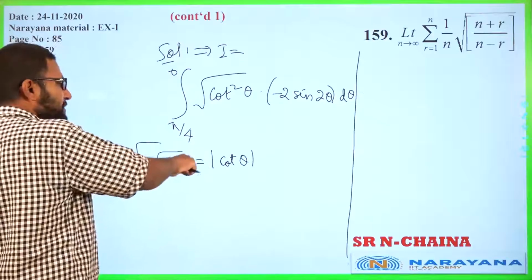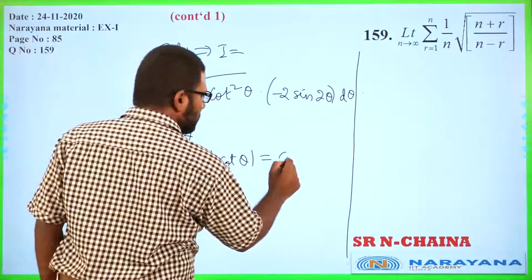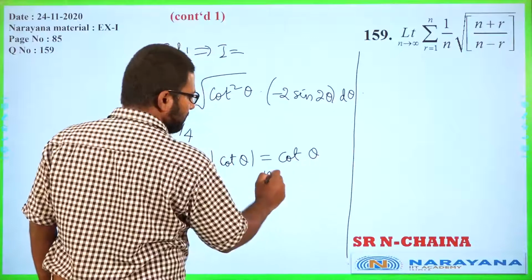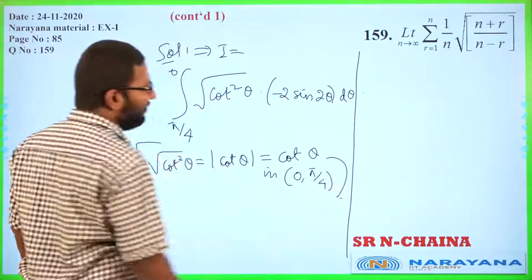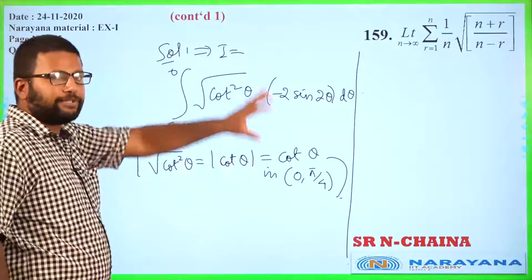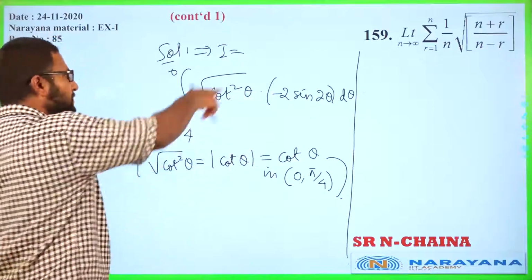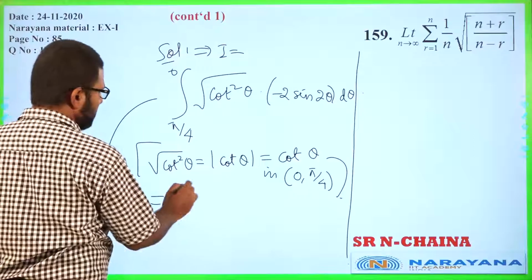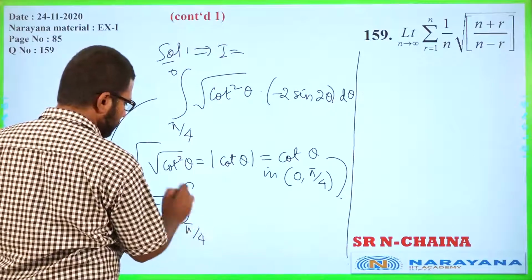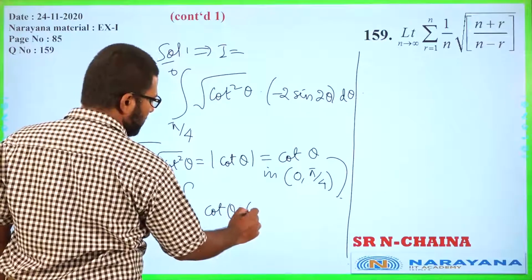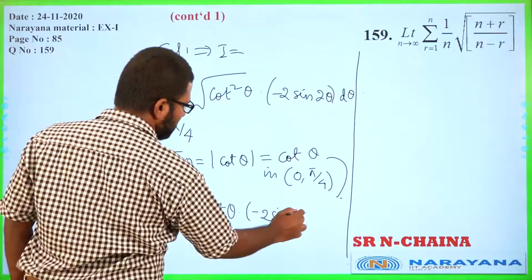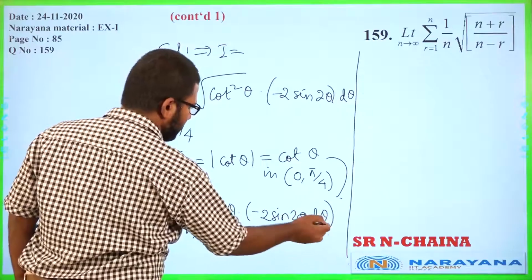Then we will say that this is equal to mod cot theta, which is actually equal to cot theta, because theta belongs to 0 to pi by 4, which is first quadrant. In first quadrant, all ratios are positive. So because of that, we will say this is equal to integral pi by 4 to 0, simply cot theta into minus 2 sin 2 theta d theta, right?